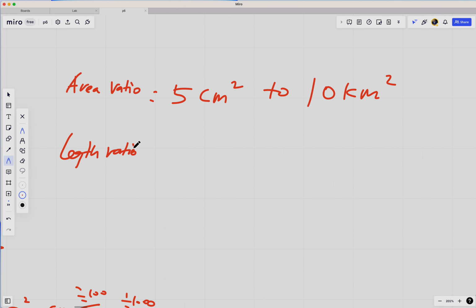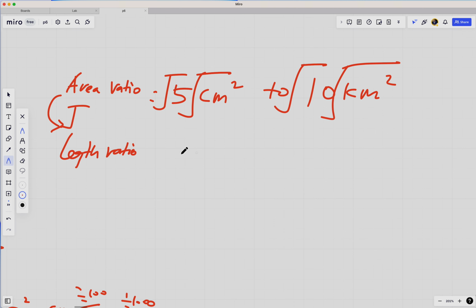So what's the opposite of square? Square root. Yes. So you square root everything. So you get square root 5 cm to square root 10 kilometer square, right? Yeah. Just do it this way.